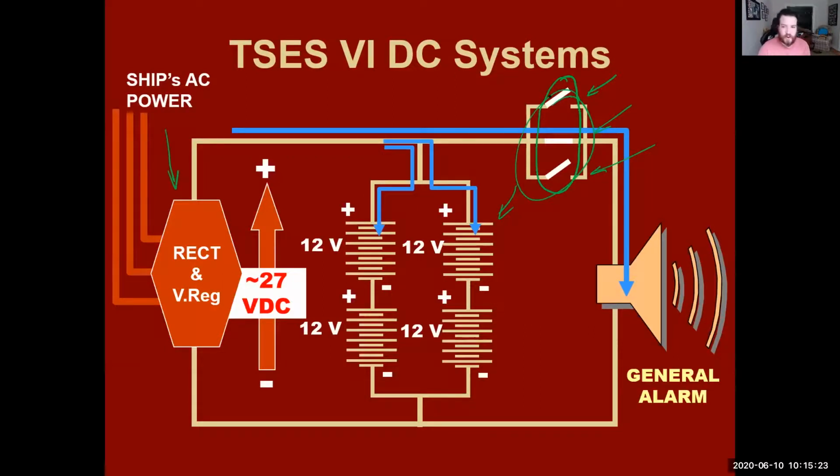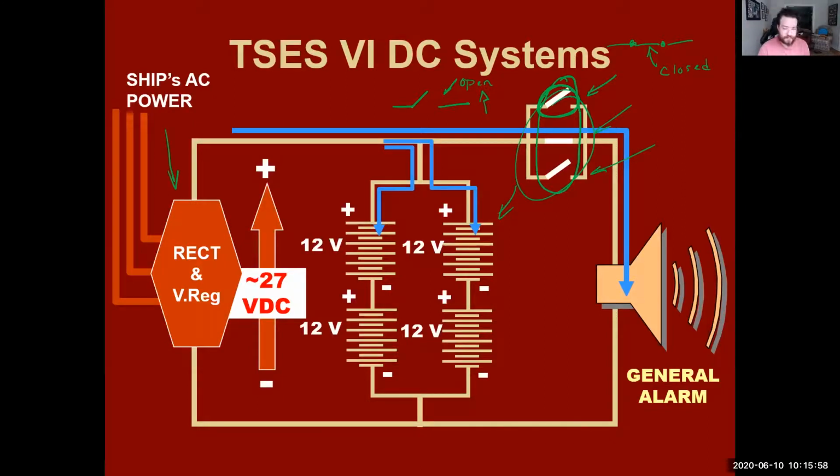I use the term open because an open switch has no current flowing, and a closed switch looks like this, where it's physically closed and allows current to go through. I know it's backwards from valves, but an open switch is where no current is flowing, and a closed switch is where current will flow and you'll have power.